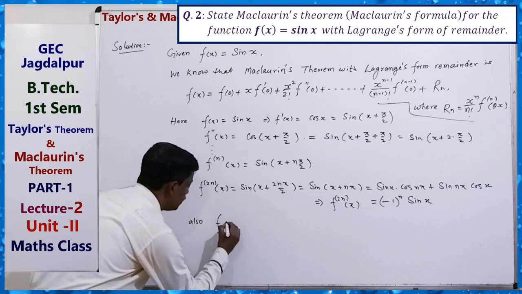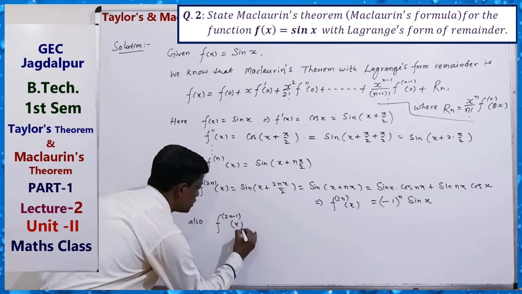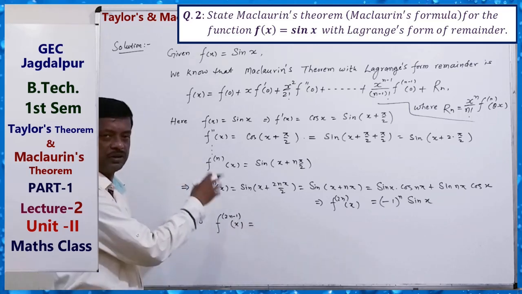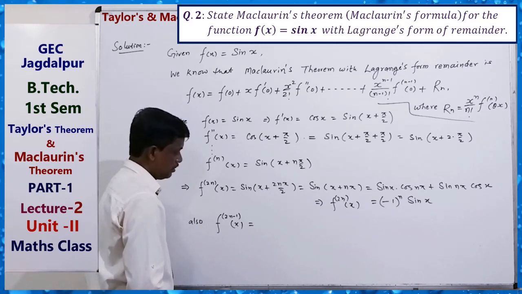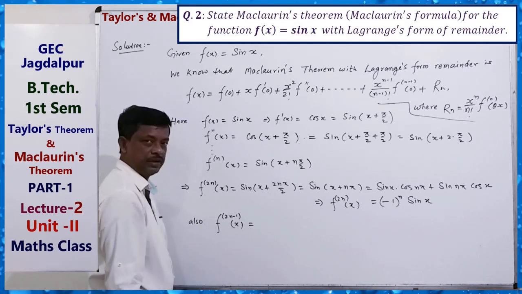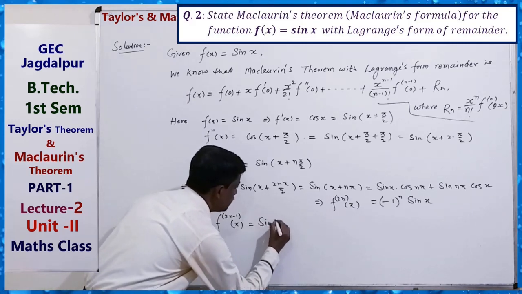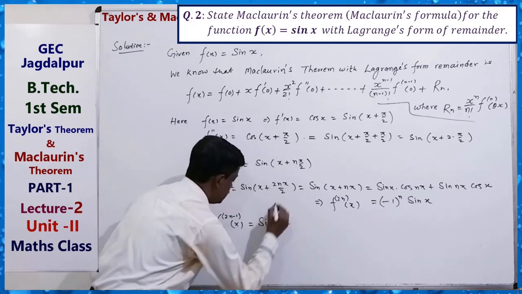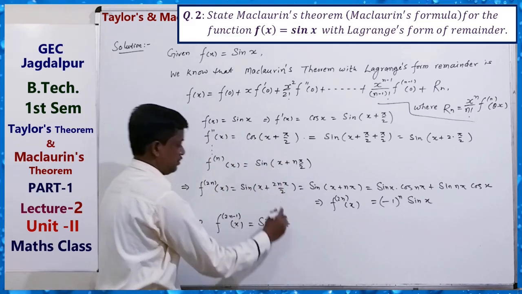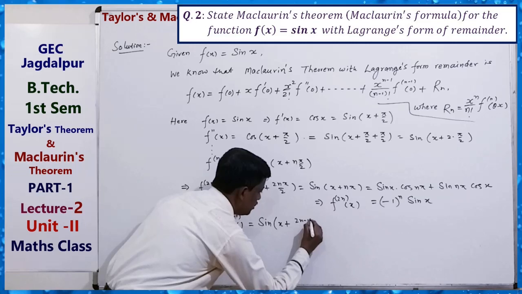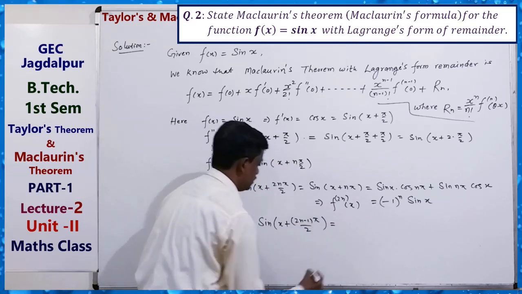f to n minus 1 x, just before the term. See here, what can we get? Sin x plus, in place of n, 2n minus 1 into pi by 2. What is this equal to?